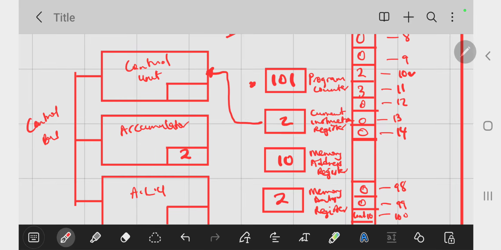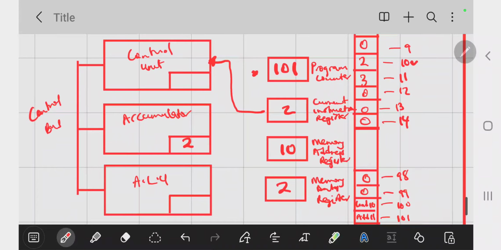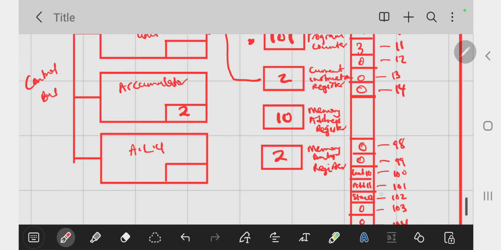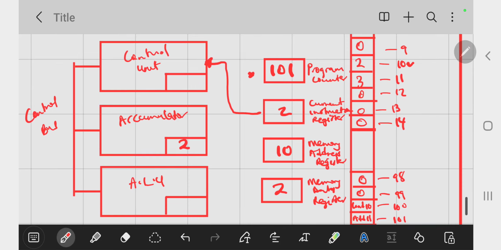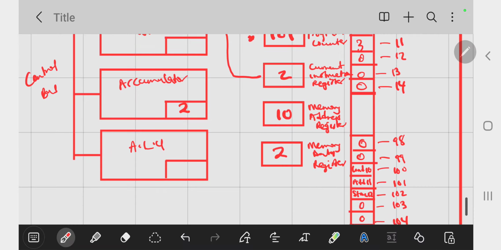So the next instruction which is there, and remember the program counter at this point is already pointing to that next instruction, which is add 11. Make sense? So add 11 is stored in memory address 101, and remember the program counter is pointing there. So it's like we need to repeat the cycle again for the next instruction.